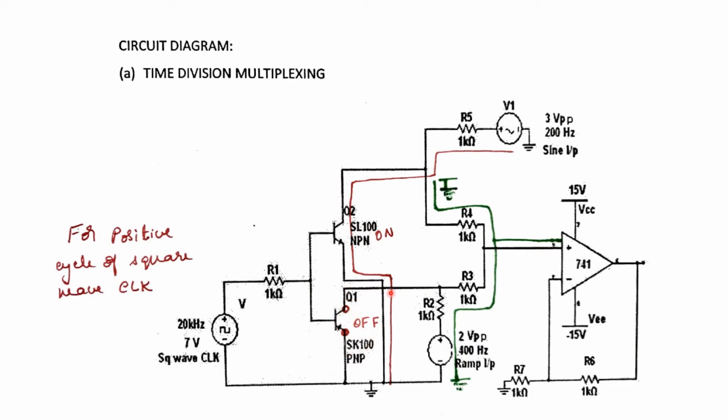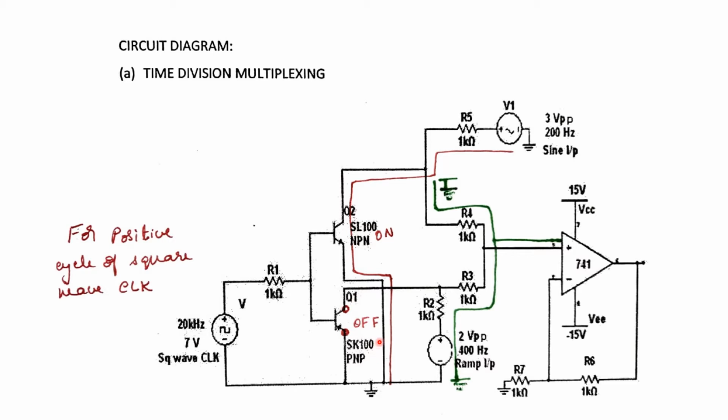There is one more transistor, SK100, which is a PNP transistor, and the collector of this is connected to a ramp signal via resistor R2.